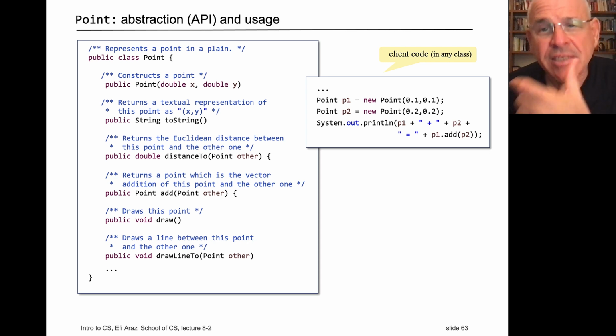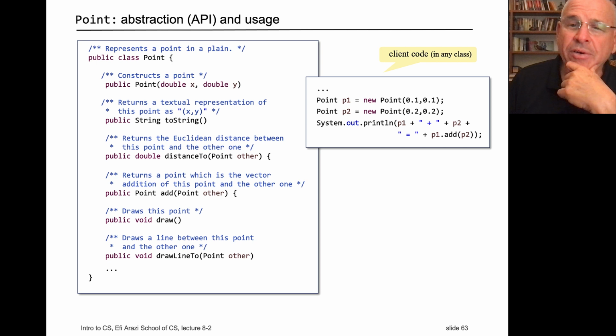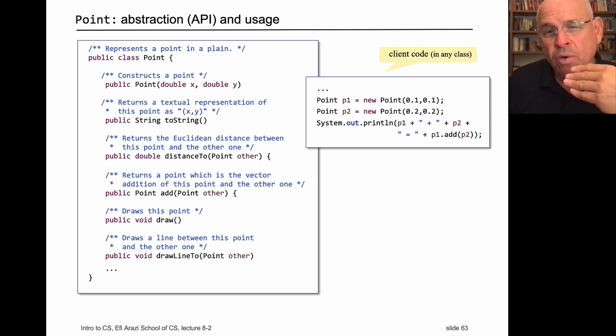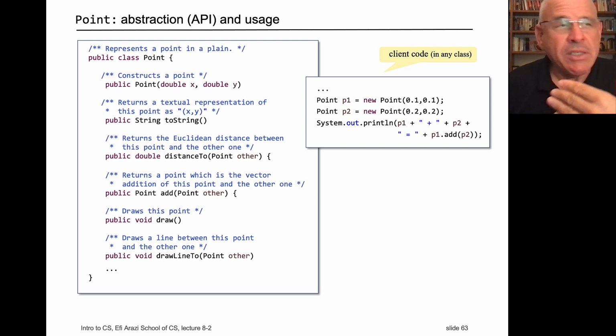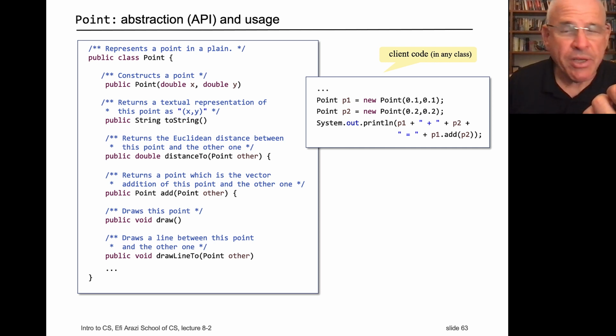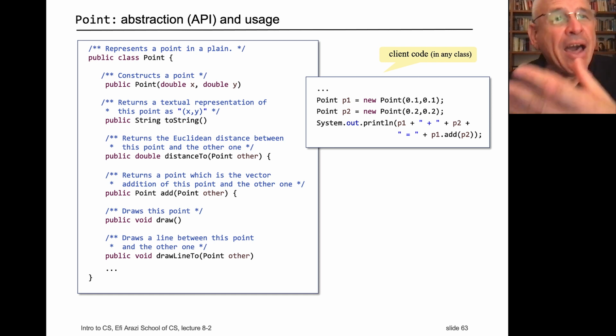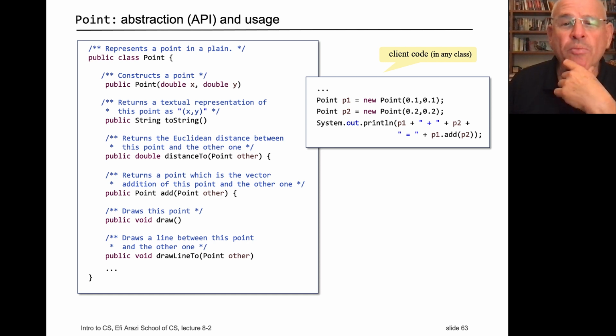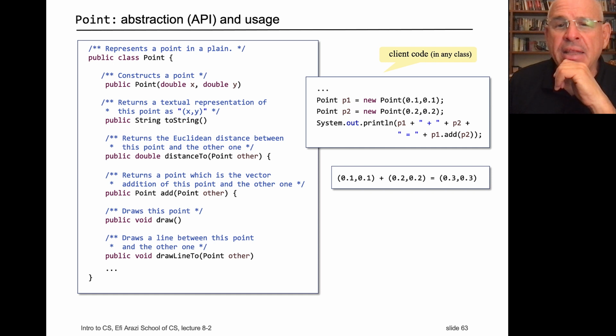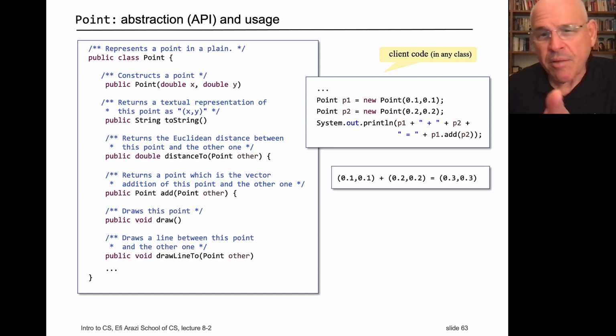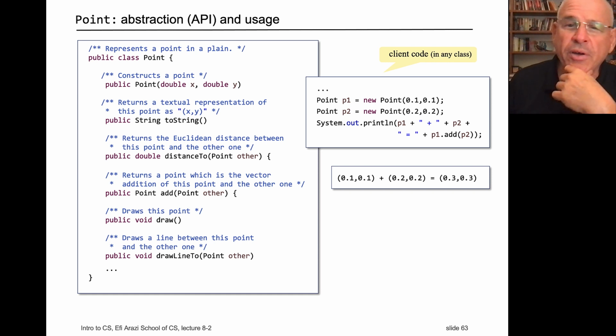And we pass P2 as a parameter. So what we're going to get is a new point, which is the result of the vector addition of P1 and P2. P1 will be the current object. P2 will be the other object that we're going to add to P1. And the output of this code is going to be a point plus another point equals a third point.